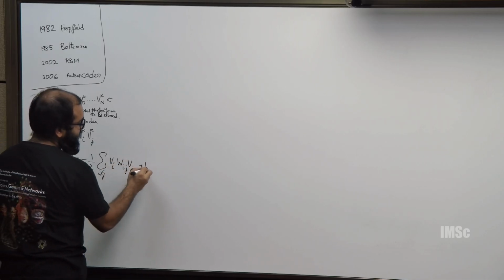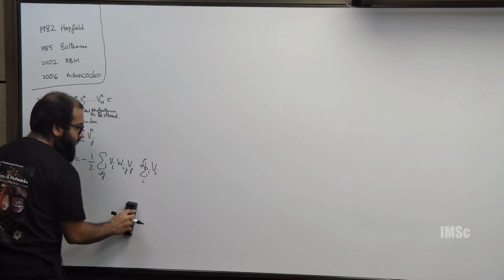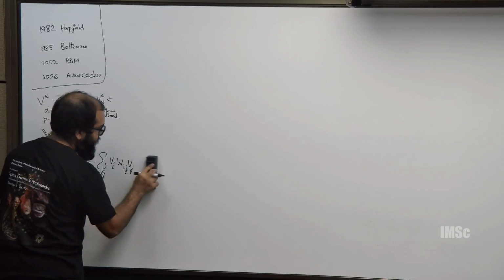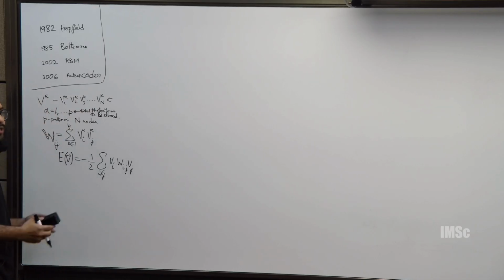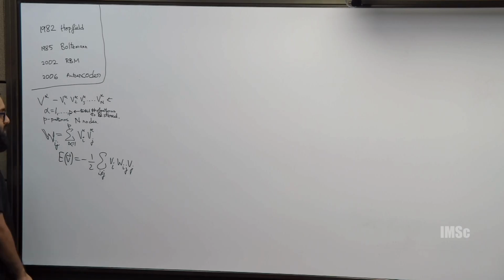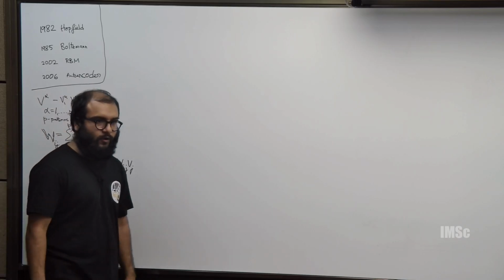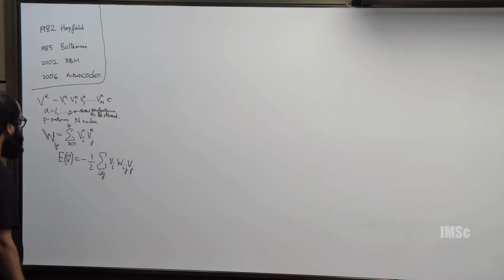There are bias terms as well, but for now this is a trivial addition, so I'll not consider it, but it can be easily incorporated. All right. So the system does normal Monte Carlo Gibbs sampling, whatever you like, and tries to go towards the minima of the energy landscape, right?